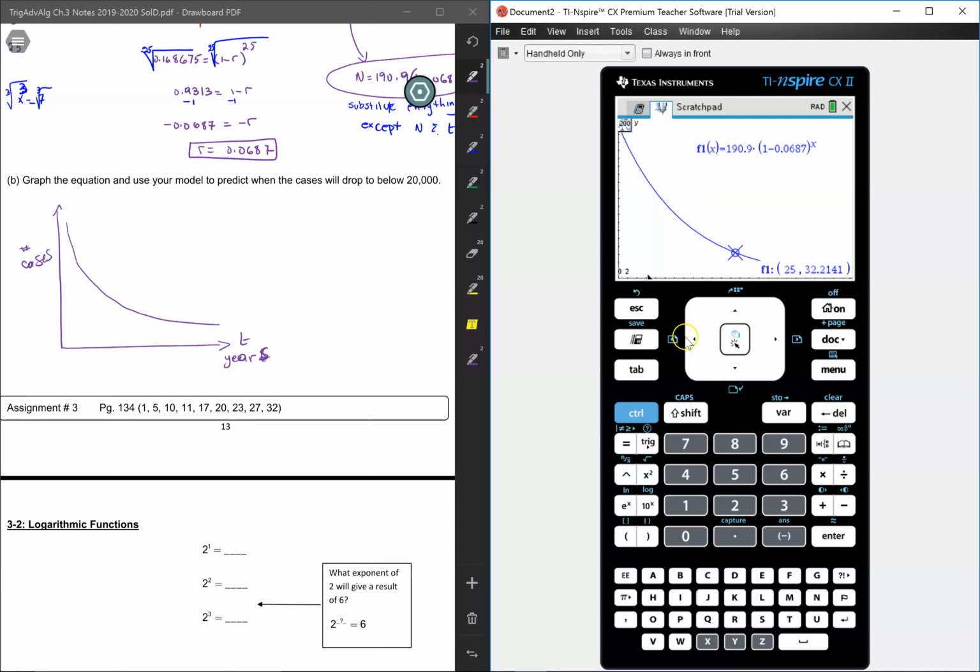You want to move to the right, sorry. When does it hit 20,000? 25, 24, 23, 22, right? So somewhere about here, so about 31 years. Should we just write about 31 years?